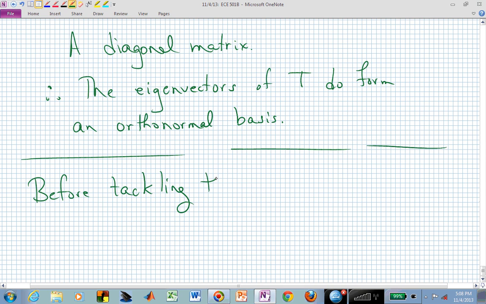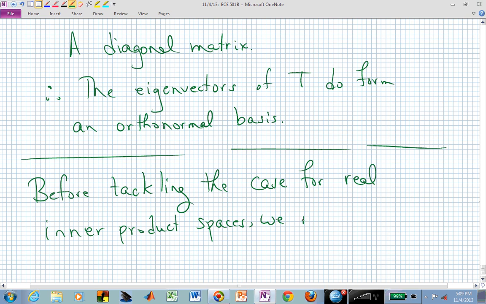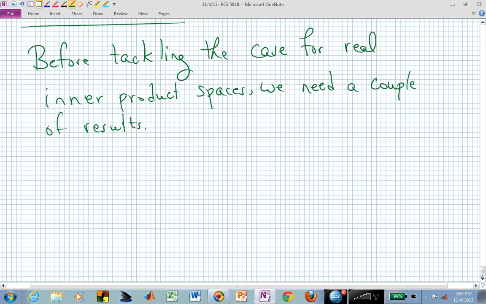So before tackling the case for real inner product spaces, we need some lemmas.